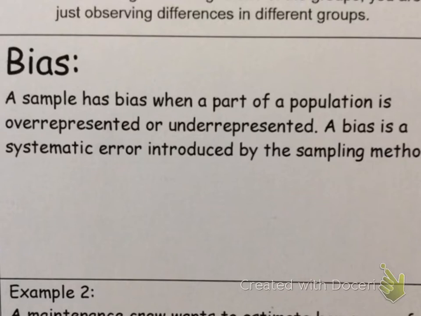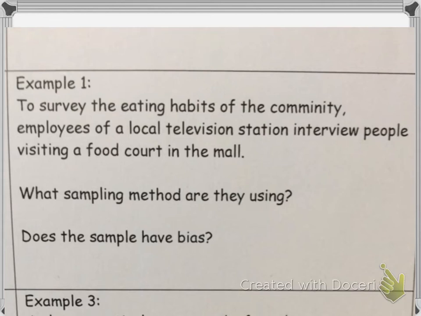So if I wanted to know, for instance, who has the best hamburgers, would I ask people who are standing in line to get tacos? Do you see how that kind of is a biased question? You would want to make sure that you're asking questions that the population is not being represented or overrepresented or underrepresented in. So what we're going to do today is we're going to answer some questions.